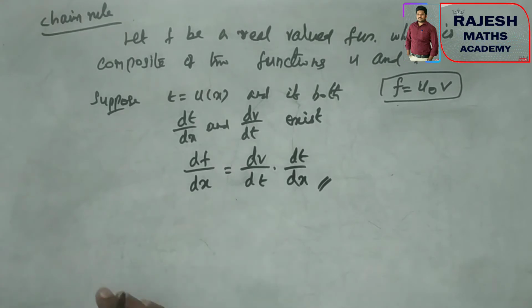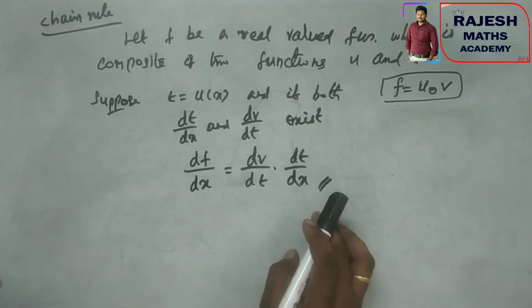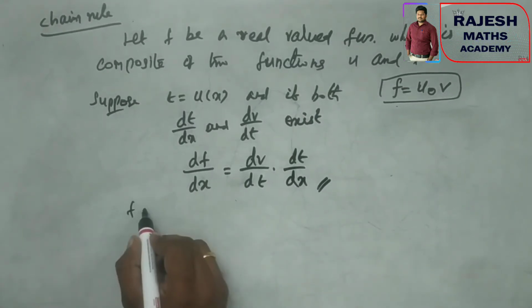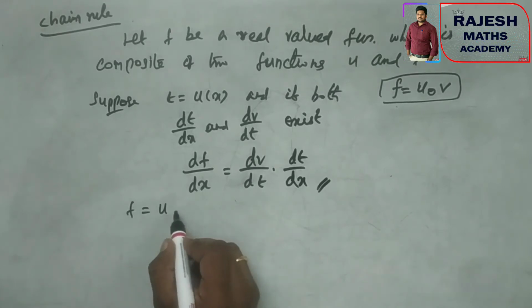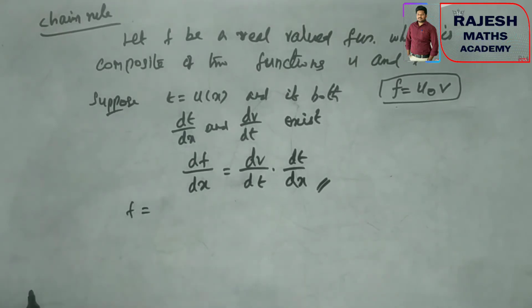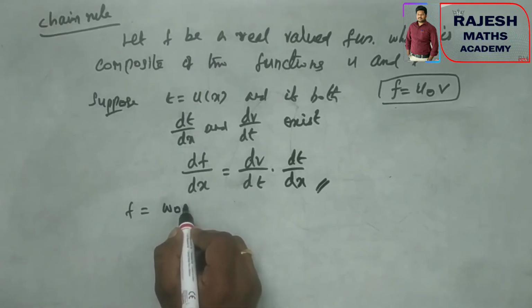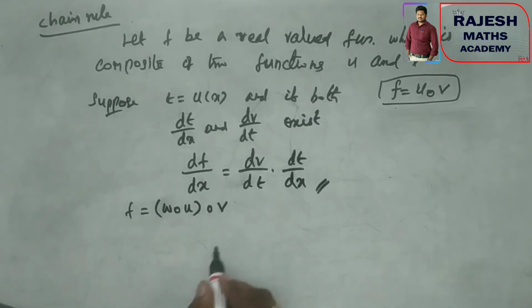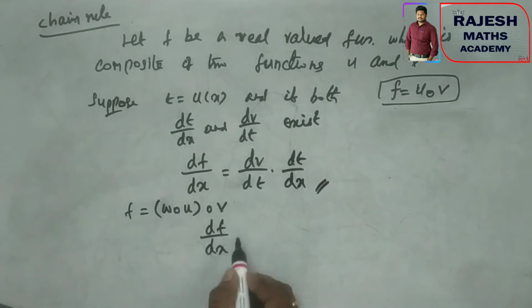The same chain rule is applicable for the composition of three functions. For example, f is a composition of three functions, say w, u and v. What is the value of df by dx in this case?